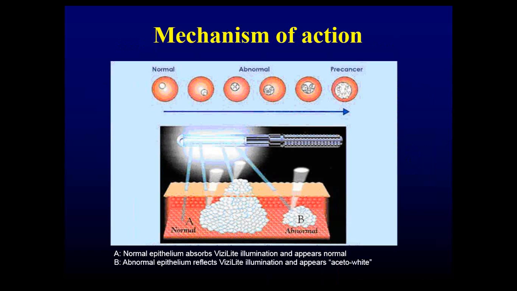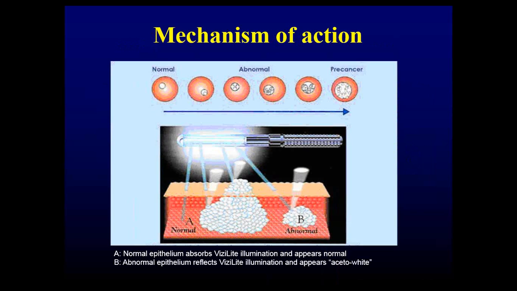So how it works, it comes in form of a handheld tube with a flexible vial which contains two chemicals, salicylic acid and hydrogen peroxide. And when that vial is flexed, these two chemicals are mixed and result in a white bright light. Then that light is used to examine the oral cavity.